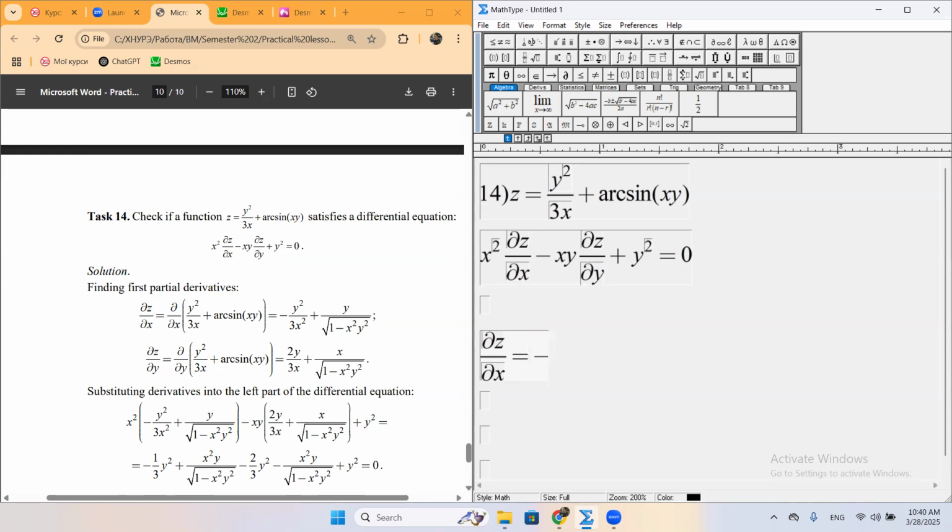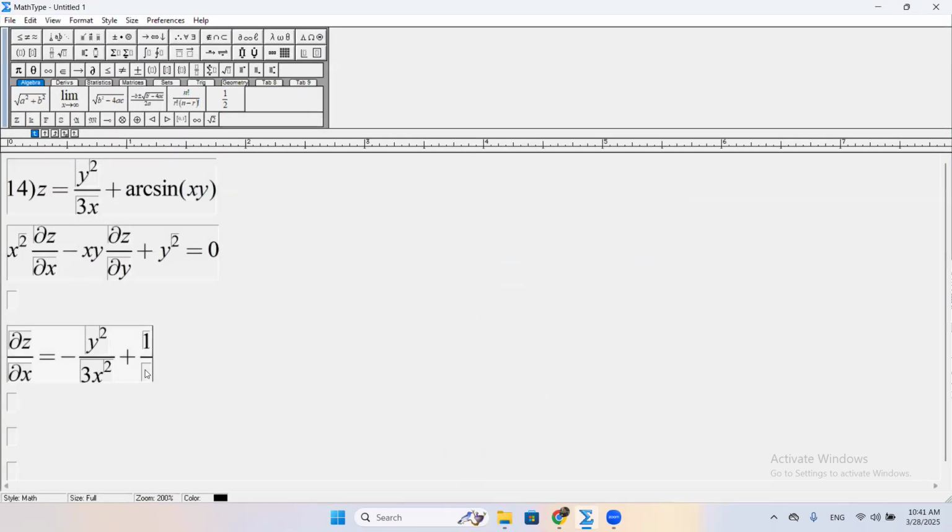Minus y squared over 3x squared plus 1 over square root of 1 minus x squared y squared and multiplied by y. Okay, let's write like this for now.